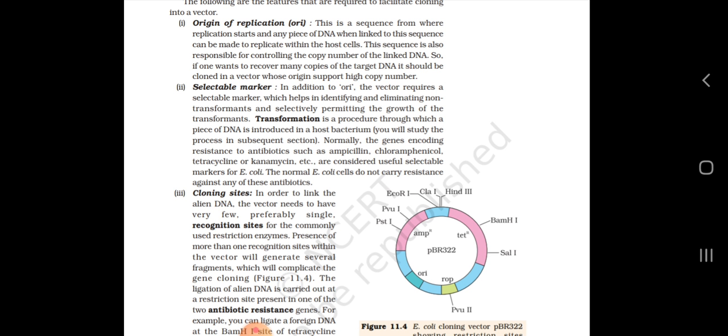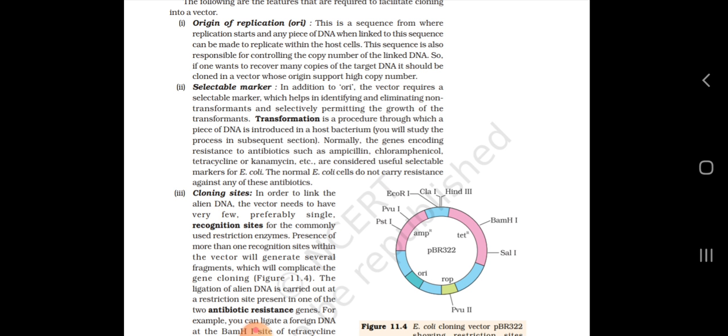Suppose the bacteria affecting the person contains an ampicillin resistant site. That means the bacteria can withstand the presence of ampicillin. It does not get killed. The main purpose of giving antibiotics is to kill the bacteria, right? But since the bacterial plasmid DNA contains ampicillin resistance, it can withstand ampicillin and does not get killed.